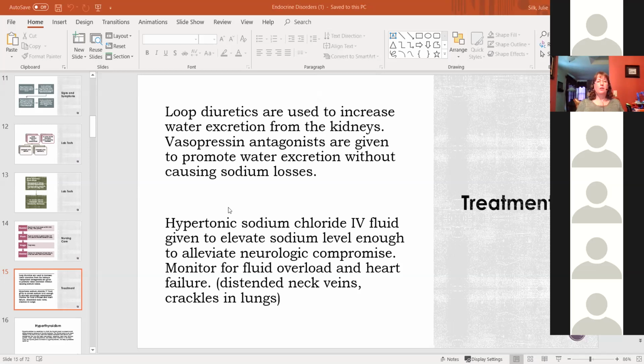How about Jen Hollis? Jen Hollis, what's going on with ADH in SIADH? It's high. Yes, we have too much. So, what would be a cause of SIADH? Anyone can answer.